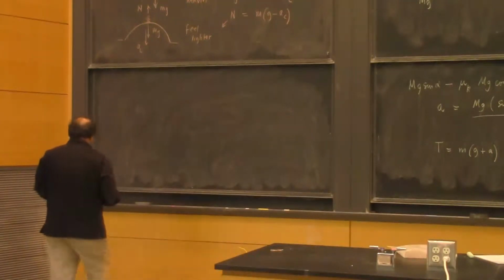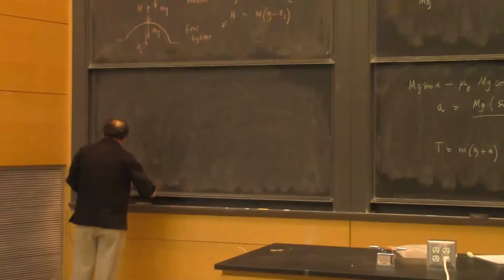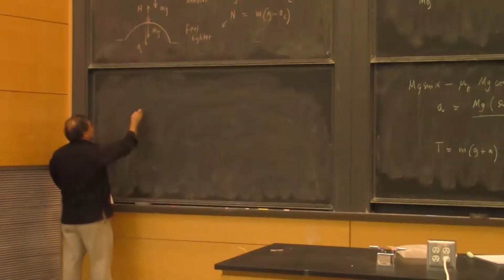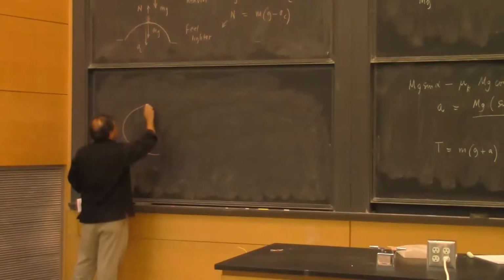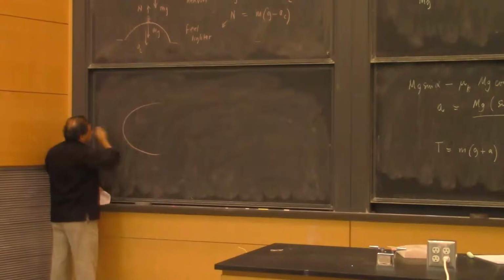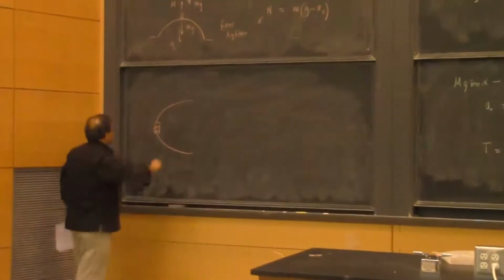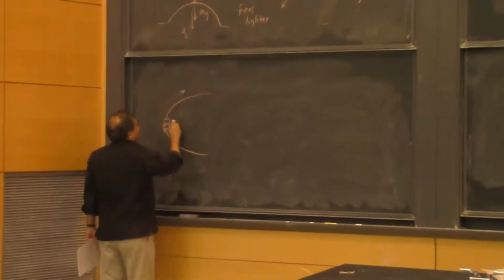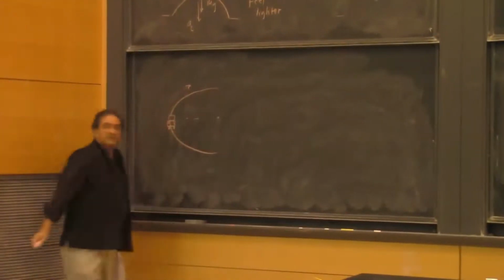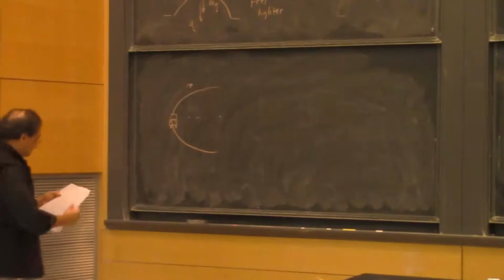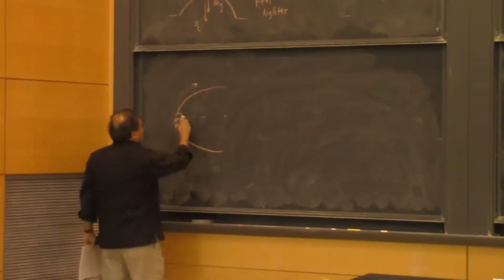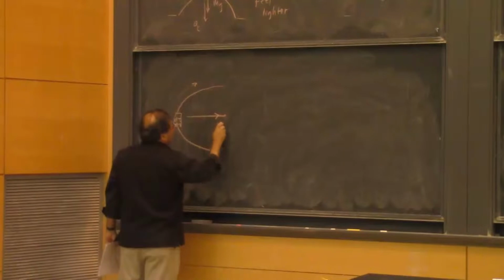So let's say that you are going around a circular track. Here is your car. Okay, going around a circular track. You're going that way. So this is your center, and so there is a centripetal acceleration in this direction, okay?